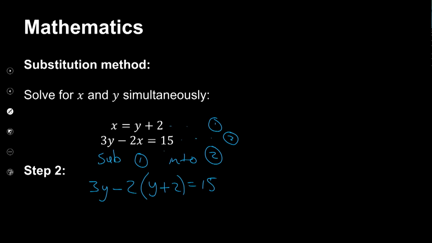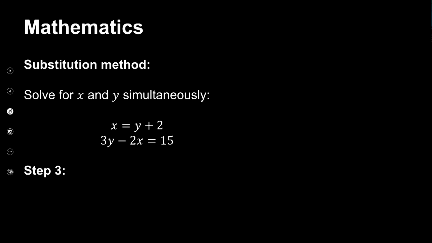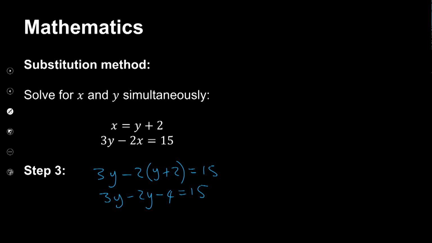Then my third step says I must solve. So remember, this was 3y minus 2 into y plus 2, and this was equal to 15. Remove the brackets, I get 3y minus 2y minus 4 equals 15, and then y equals 19.